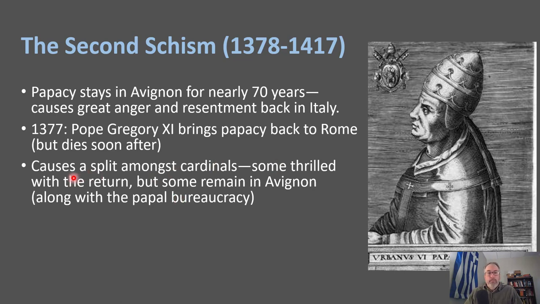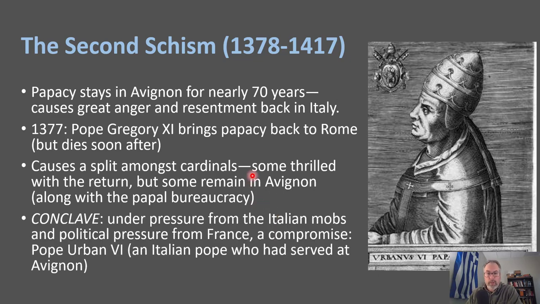Some are saying, yes, a long time coming, the papacy should have been here all along. But some say, no, Avignon, we were established here, and things should stay here in perpetuity. And so it's a huge mess. Ultimately, under pressure from the Italian mobs and political pressure from France, even the kings of France recognize, okay, we have to come to some kind of compromise here.